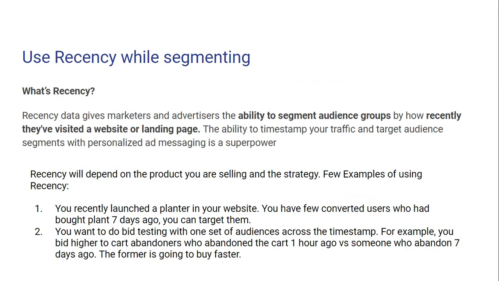For example, let's say you are running a retail business and you want to show ads of a dress. A person might have been interested in a dress 30 days ago.